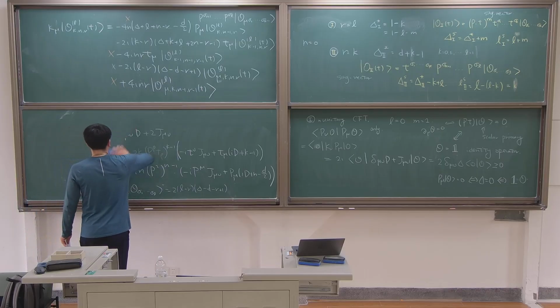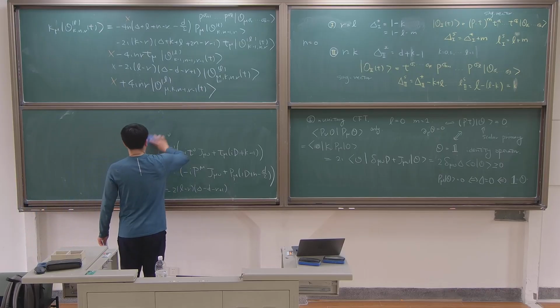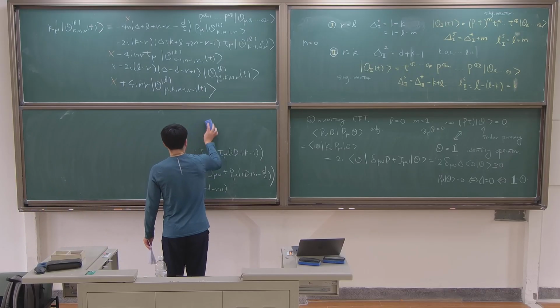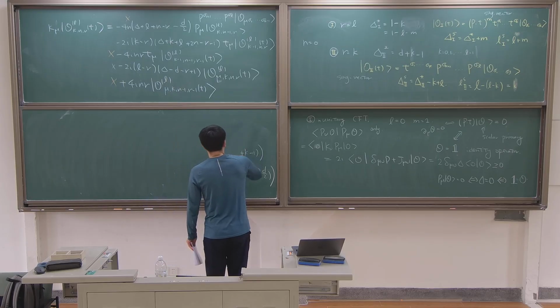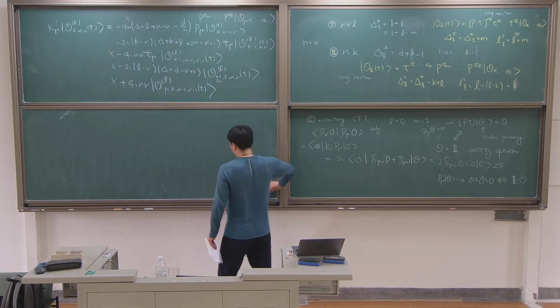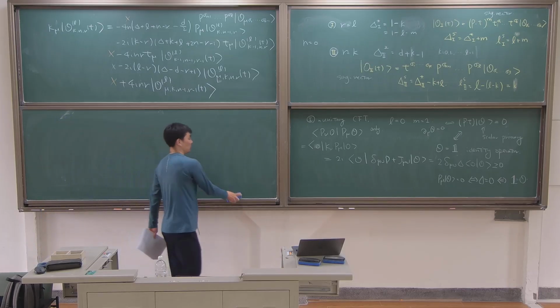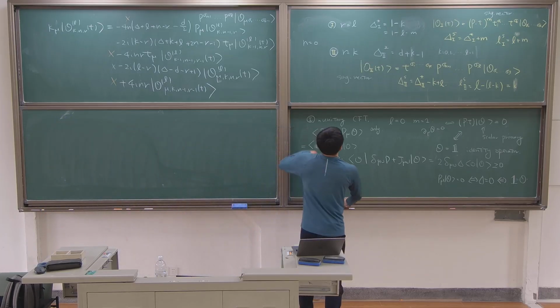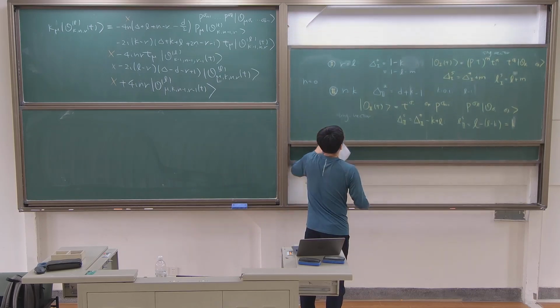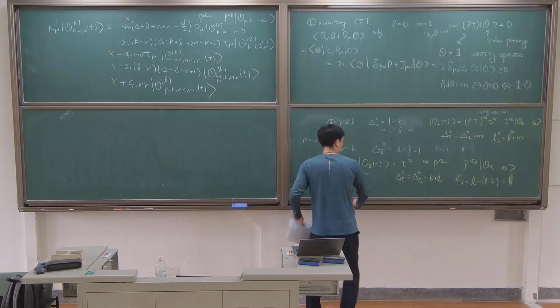This descendant is actually not a descendant. It's a primary state, because it's just the identity operator, or just the vacuum.